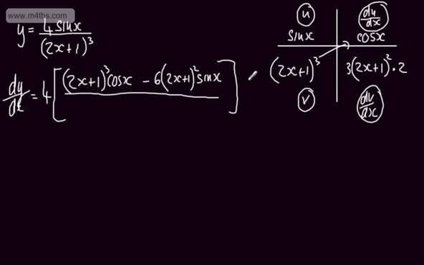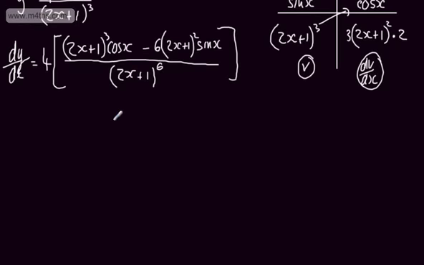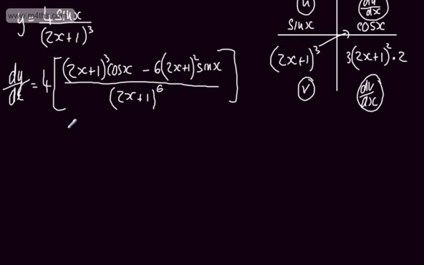If I square this, I'm going to get 2x plus 1 to the power of 6. I'm squaring this bracket, which is already cubed, so if we square it, we're going to get to the power of 6. Okay, let's go ahead and do some simplifying on this. We can see that we can divide numerator and denominator by the quantity 2x plus 1 all squared.